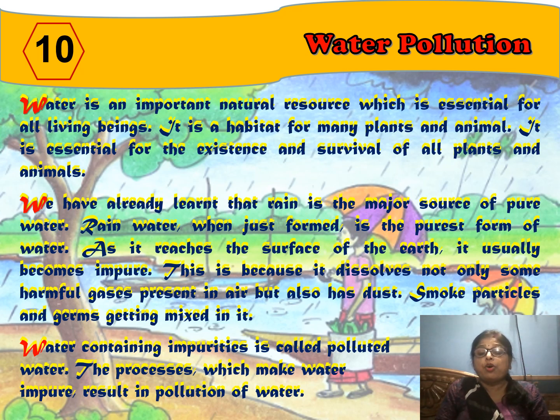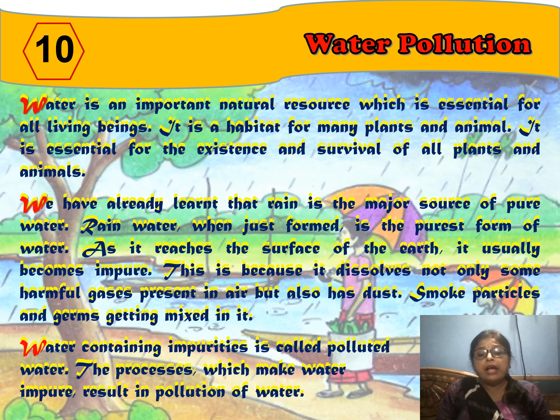This is because it dissolves not only some harmful gases present in the air but also dust, smoke particles and germs get mixed in it. Water containing impurities is called polluted water. The process which makes water impure results in pollution of water.